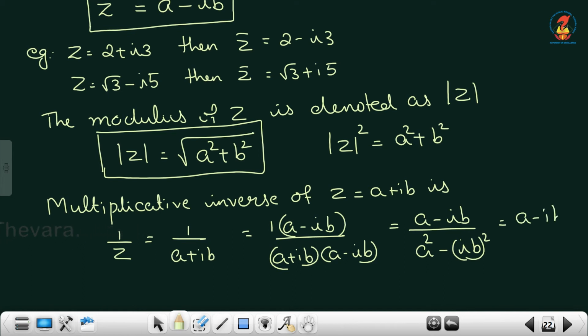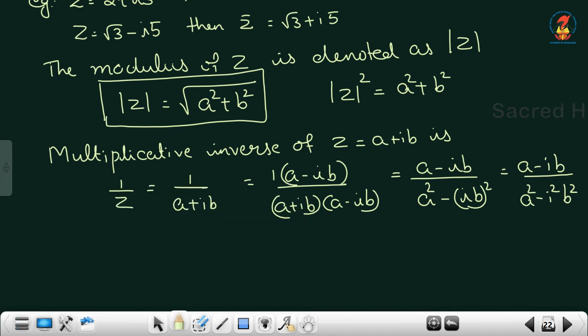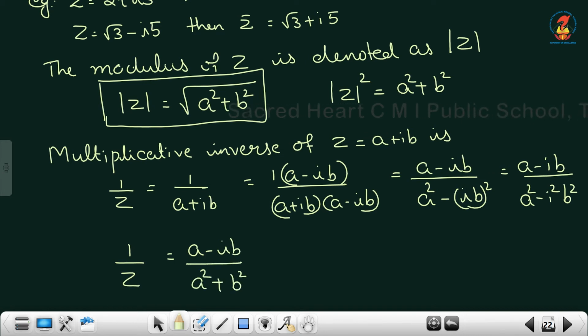That's equal to a minus ib by a square minus i square b square. What is i square b square? i square is equal to minus 1, so it is a square plus b square.